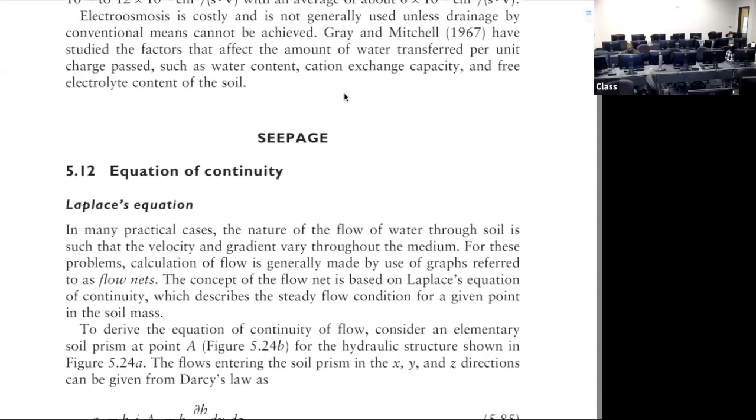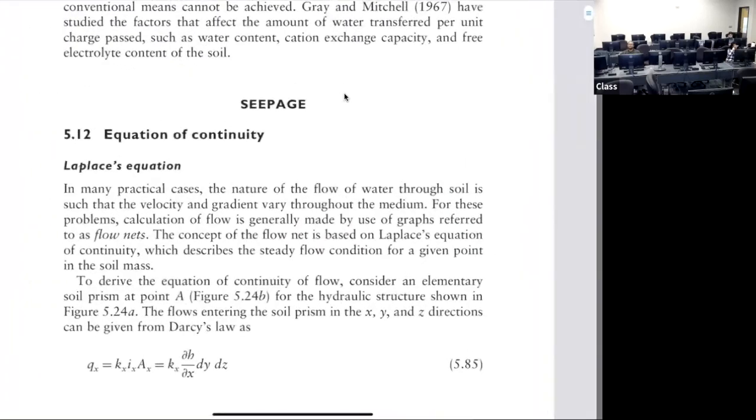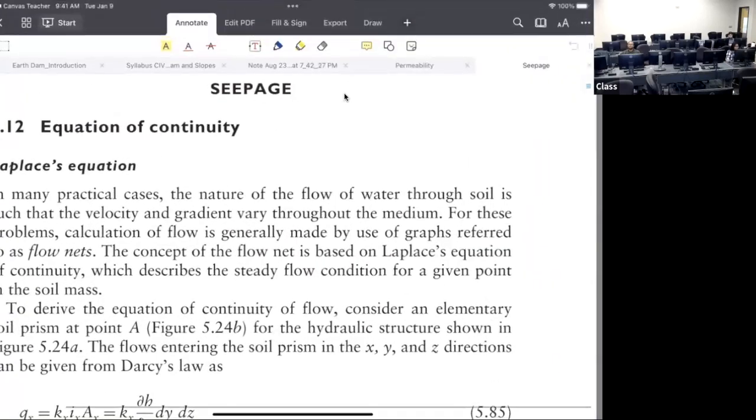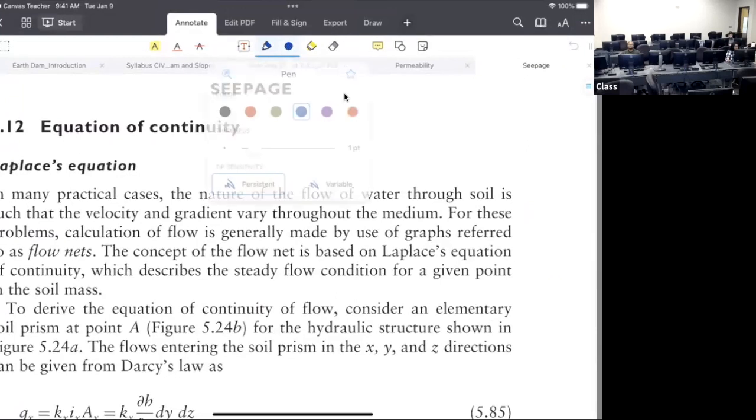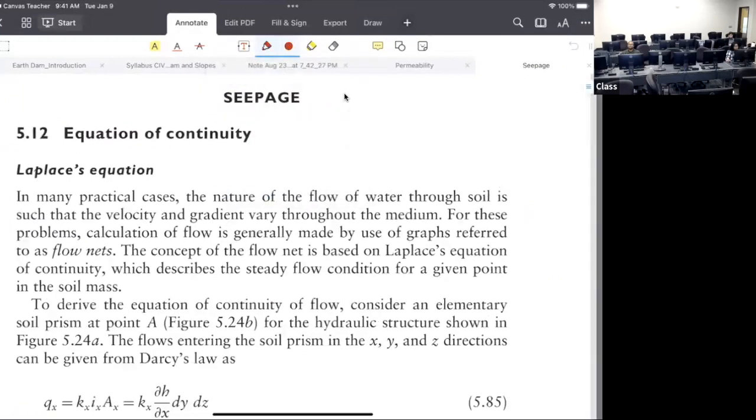These are new lecture notes from chapter 5 of the Advanced Soil Mechanics book by Geo-DART. So basically, we're going to talk about seepage, and we're also going to talk about the cloning.